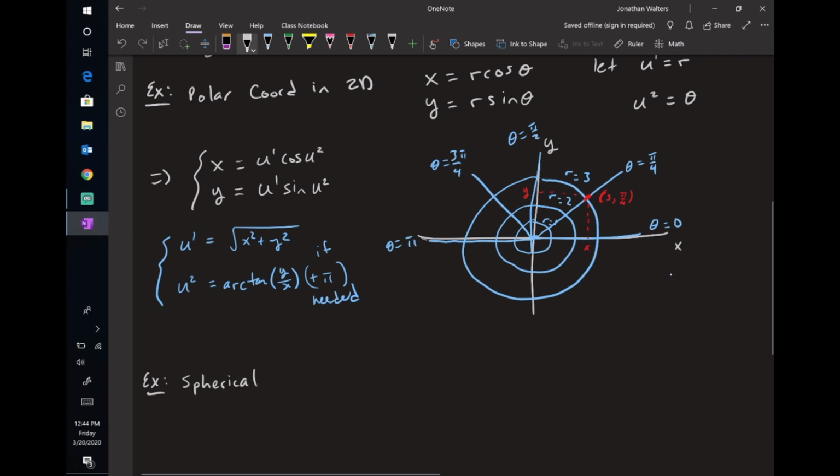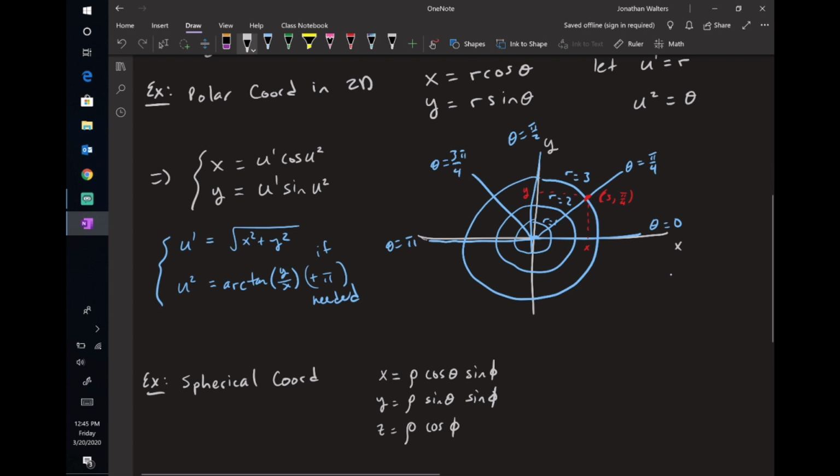So spherical coordinates, what do we know? We know x is equal to rho cosine theta sine phi. Y is equal to rho sine theta sine phi. Z is rho cosine phi. Of course, you have to be careful.